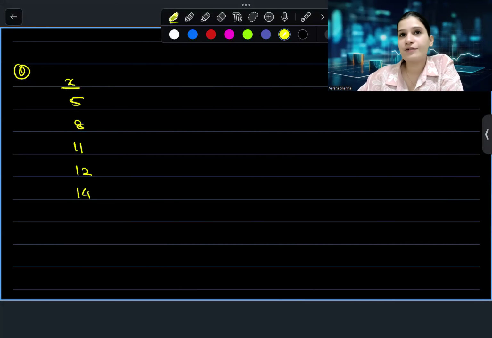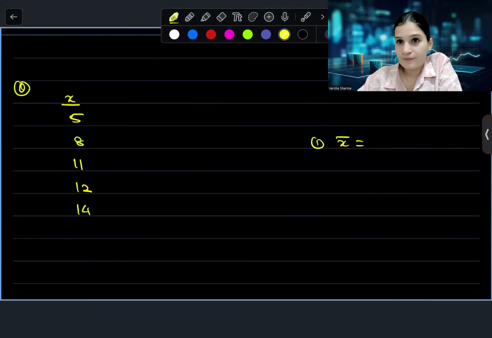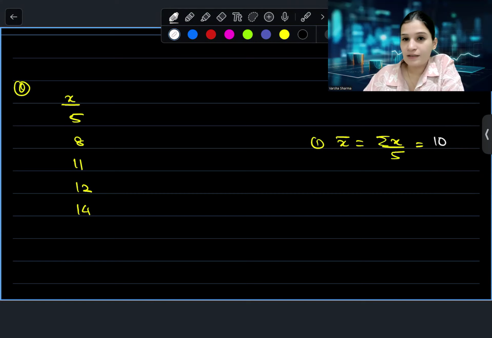It is not necessary for the data to be arranged unless you are finding out median. So first we have to calculate this from mean. So first step, calculate mean. How will we calculate mean? Sum of the observations divided by number of observations. This will be 10, ma'am. 10. Clear? Then we need deviation.